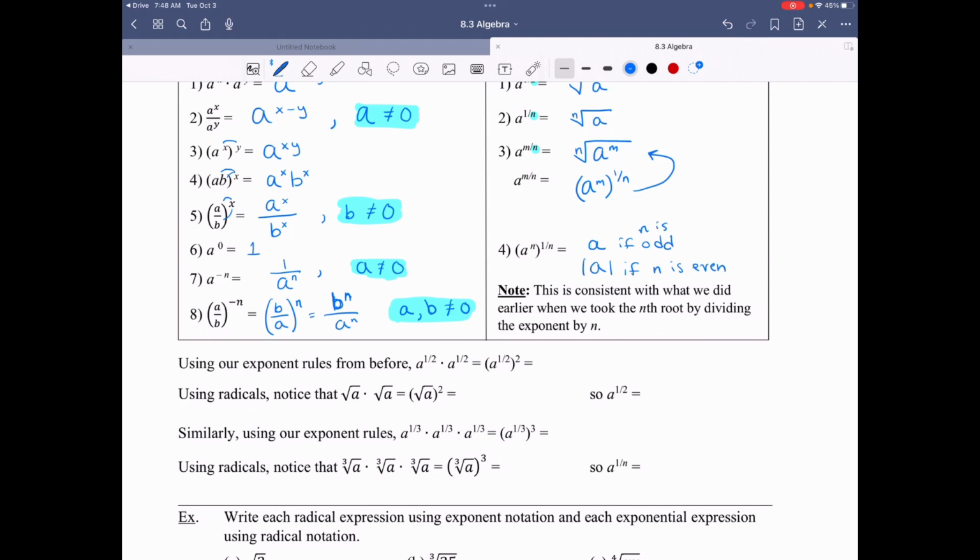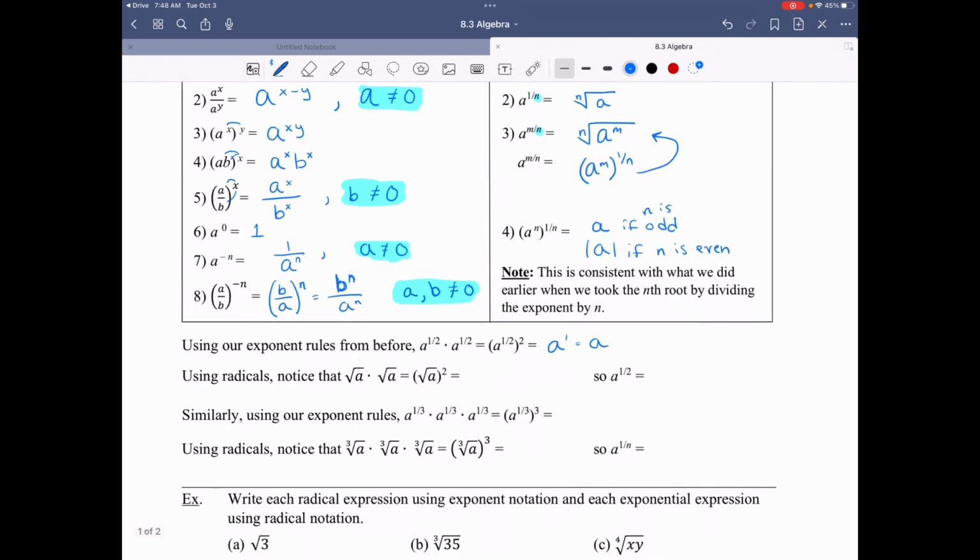So using our exponent rules from before, a to the 1/2 times a to the 1/2 is a to the 1/2 plus 1/2, which is a to the first. And a to the first is just a. Thinking about this as radicals, the square root of a is the same as a to the 1/2.